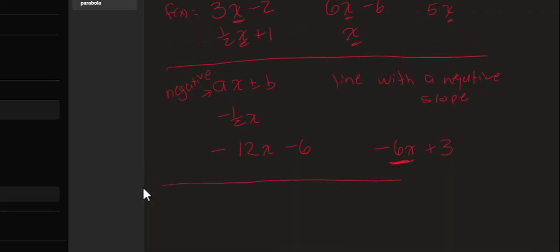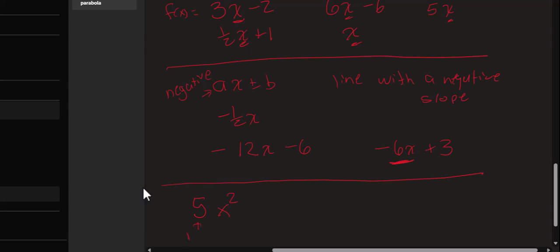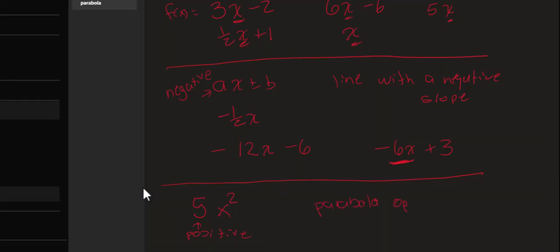Then I have things that have something squared in it. Doesn't matter what else it has, but if it has a squared in it, what matters is the number in front of the squared term. So if the number in front of the squared term is positive, so positive 5x squared, that's a parabola opening up.